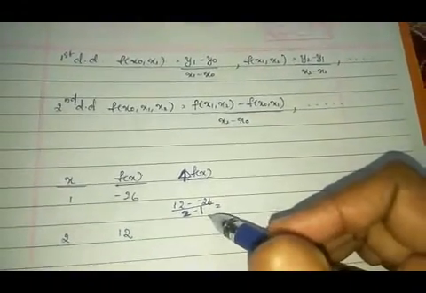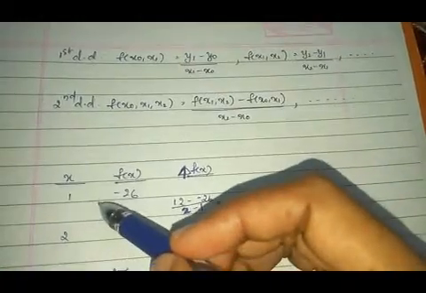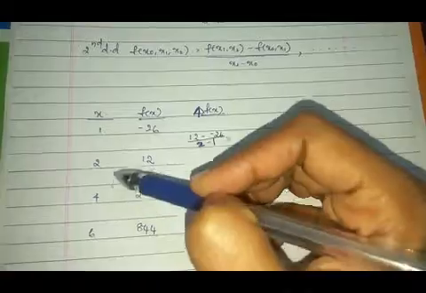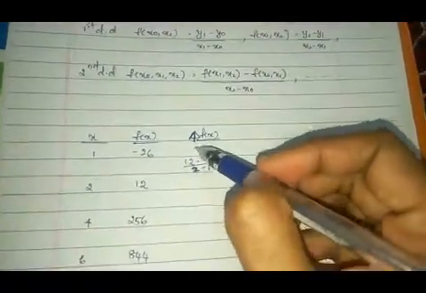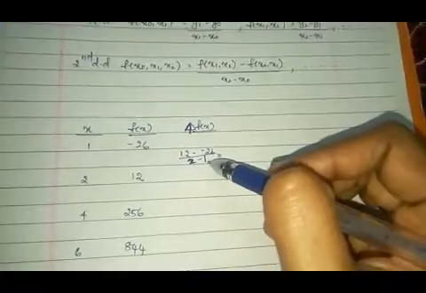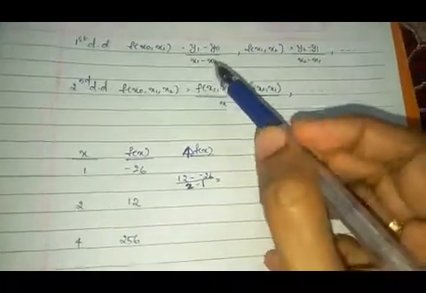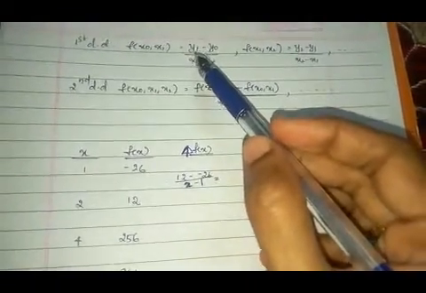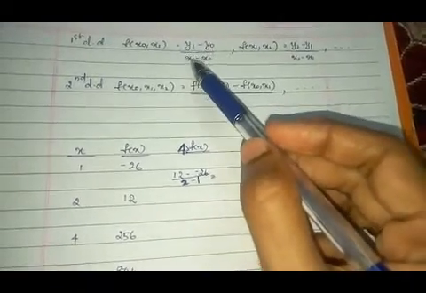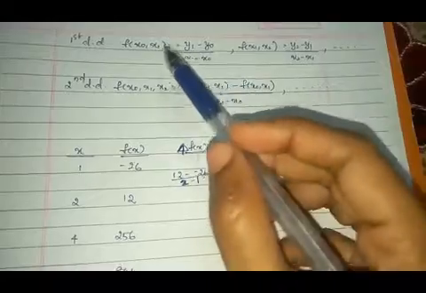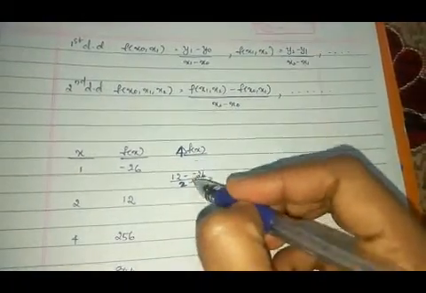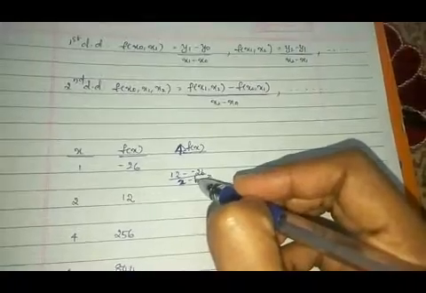Since in divided difference the x values are not at equal intervals, we have to specify the x range also in the denominator. So the first divided difference formula is y1 minus y0 by x1 minus x0 for f of x0, x1. Using this formula, we have found the value for the first divided difference.